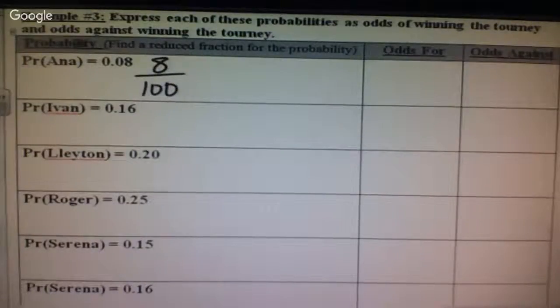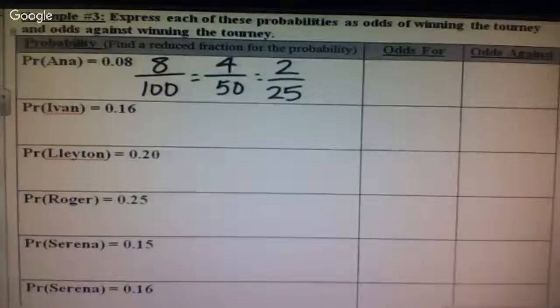So 8 is in the hundredths position. It's 2 after the decimal. So as a fraction, this is 8 out of 100, which is then 4 out of 50, which is then 2 out of 25. Okay, so if you put it into the calculator, your probability is 2 out of 25.